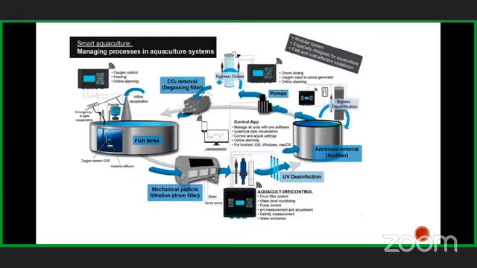This is one example of smart aquaculture, managing our aquaculture with various systems. Here you can see the fish tank is connected to a mechanical filter where filtration will work and waste will be removed. Disinfection is carried out, and with the help of biological filters the water is purified.